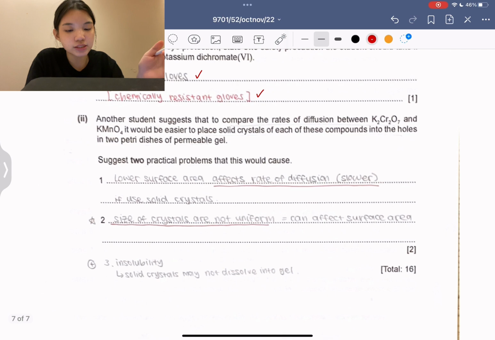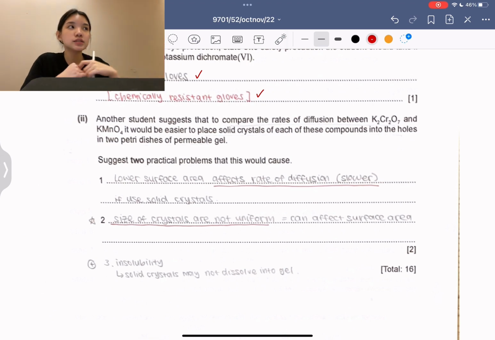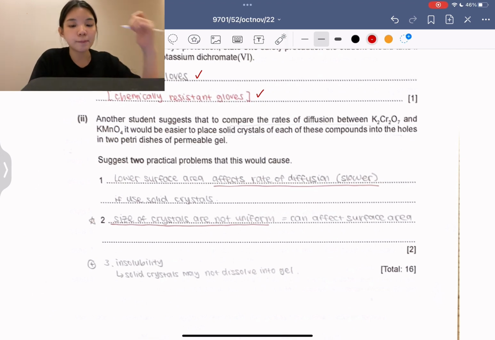Another student suggests that to compare the rate of diffusion of K2Cr2O7 and KMnO4, it would be easier to place solid crystals of each of these compounds into the holes in two petri dishes of permeable gel. In this experiment, we actually used the aqueous form of K2Cr2O7 and KMnO4, but then the student suggests that we should use solid crystals instead.